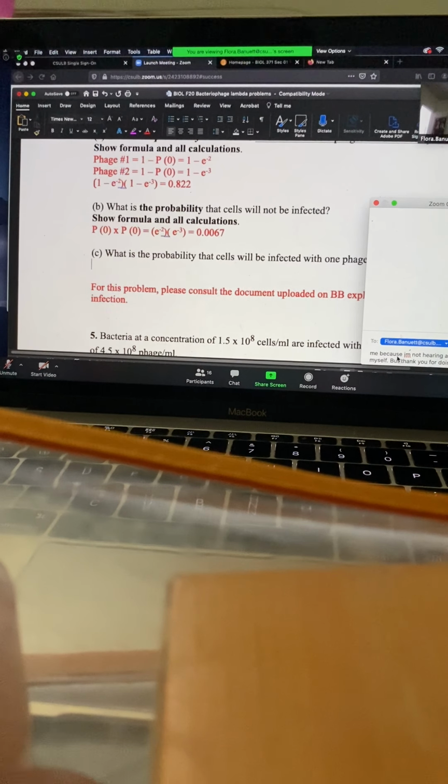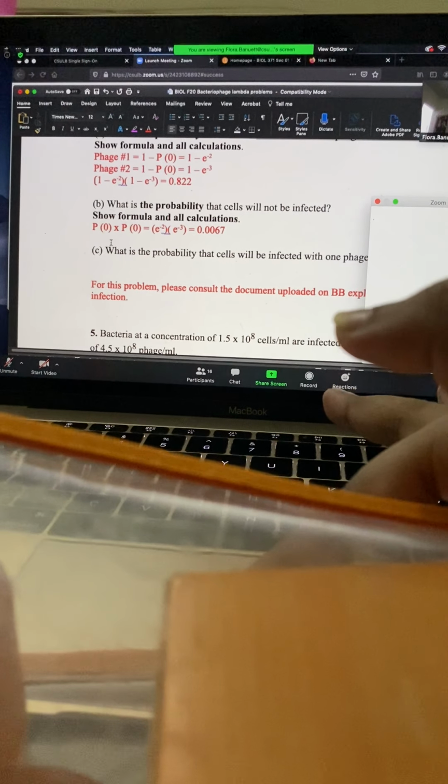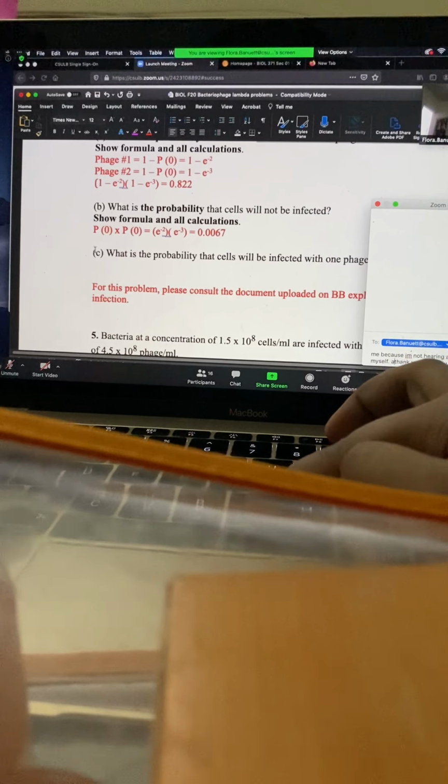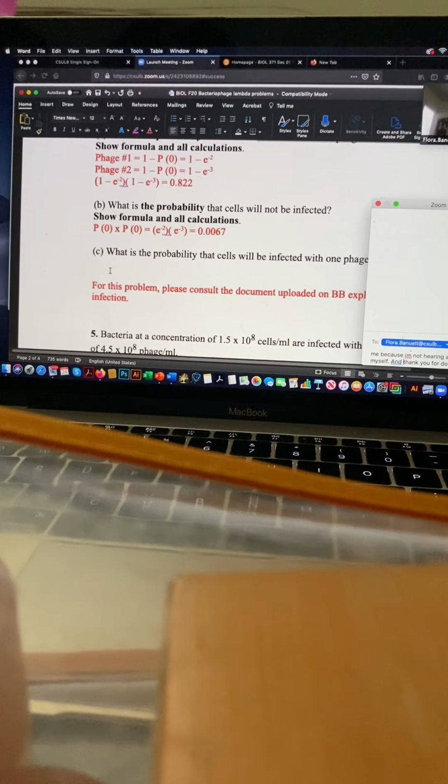Now, what is the probability the cell will be infected with only one phage? So it is the probability of infection with one phage times the probability of no infection with the other phage.